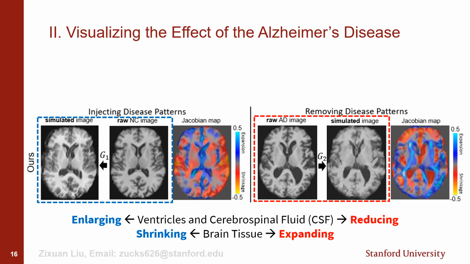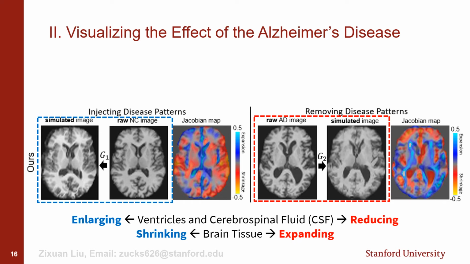And the opposite phenomena happen in the right parts too. These phenomena are consistent with the medical research results that indicate the effect of AD will lead to enlarging ventricle and CSF, as well as shrinking brain tissue.